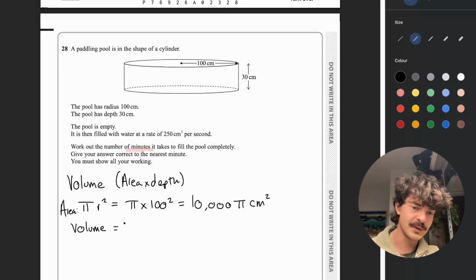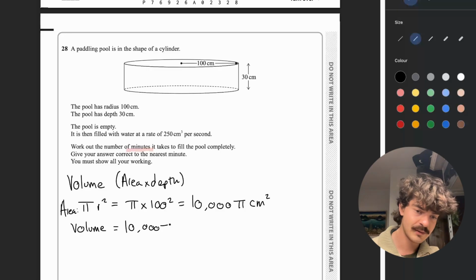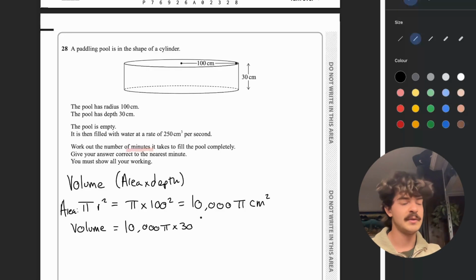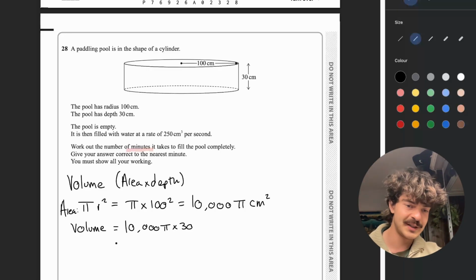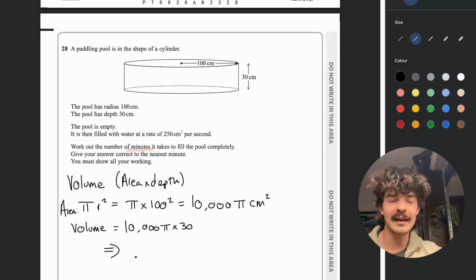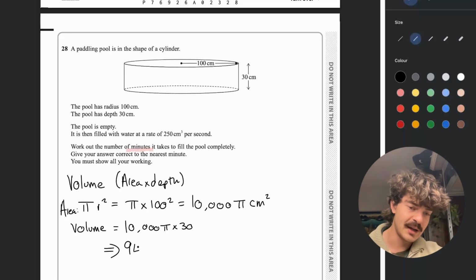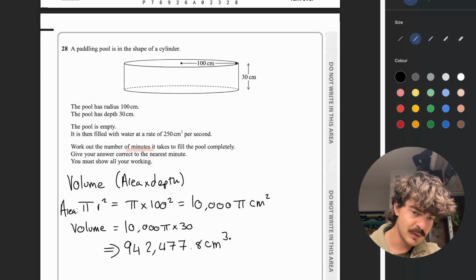we're going to take that 10,000 pi and multiply it by 30. So 10,000 pi multiplied by 30 is going to give us 300,000 pi. Or in other words, if we turn that into a decimal, we get 942,477.8 centimeters cubed.